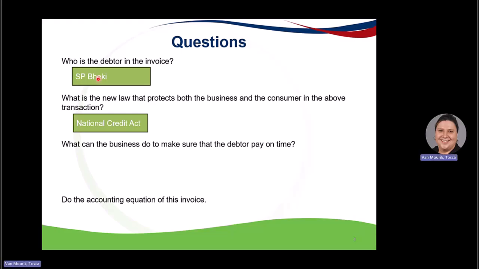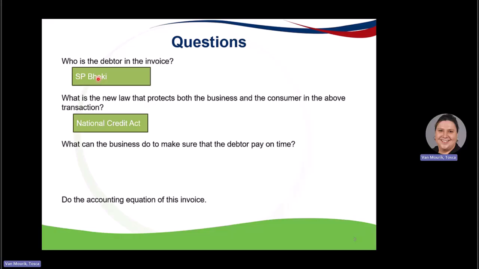What can the business do to make sure that the debtor pays on time? Well, you can maybe give them a grant for early payment. Maybe on the invoice itself, you can say a 2.5% grant if you pay within 20 days.